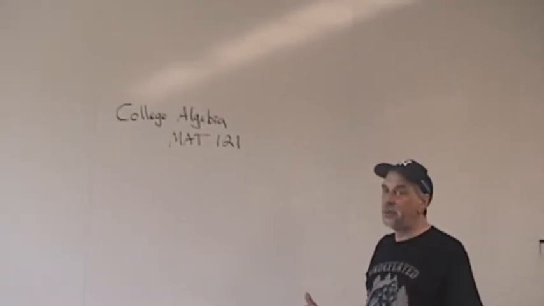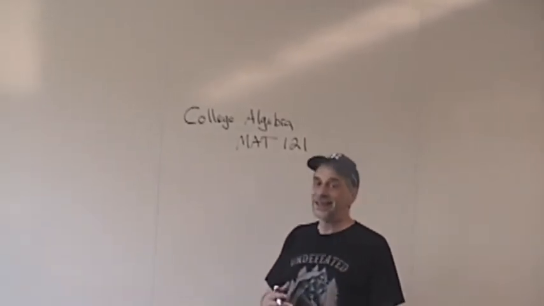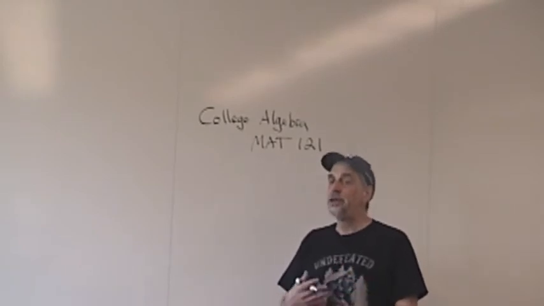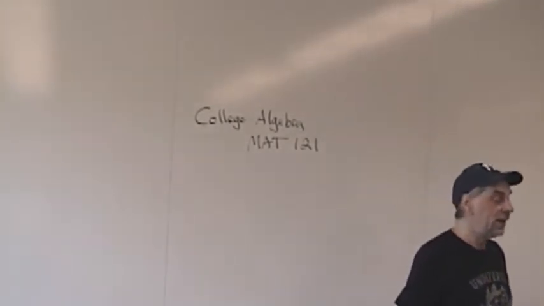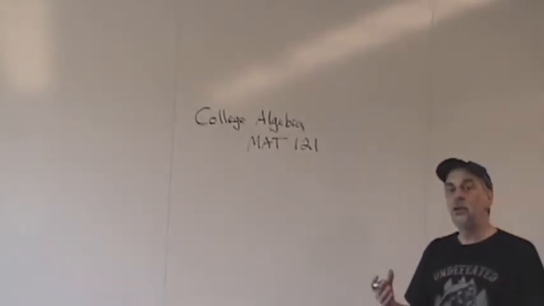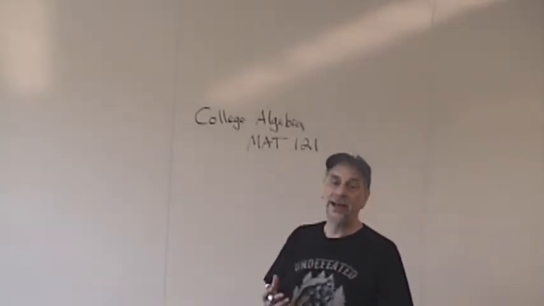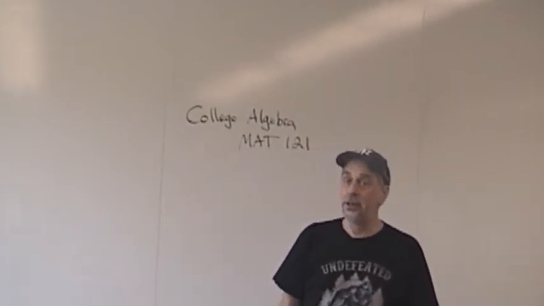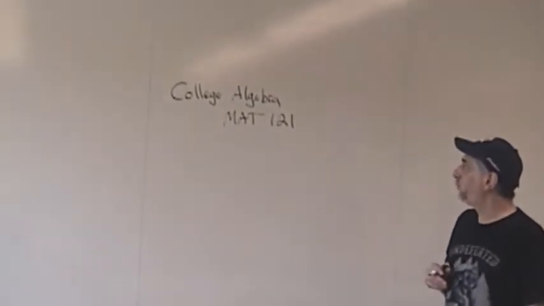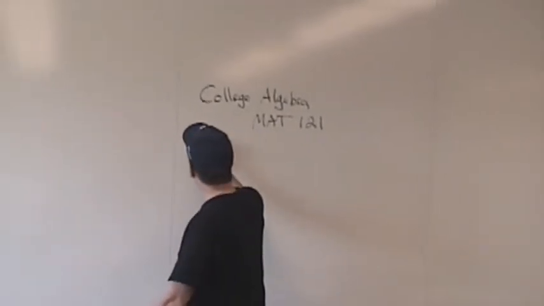All the information about the book and everything else is on the syllabus that's posted on D2L, so please make sure you look at the syllabus. You absolutely need a book to pass this class. Reading the book is 90% of learning this material. Okay? So anyway, section 1.1 in the book.